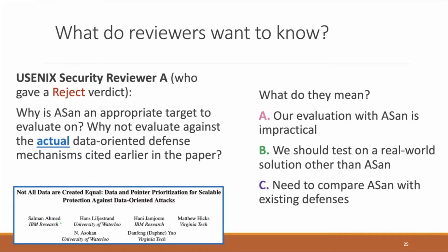We realized that the keyword is "actual." They think that ACM is not a real-world solution. They wanted us to implement our solution on top of a real-world solution. So both A and B, that's what they mean.